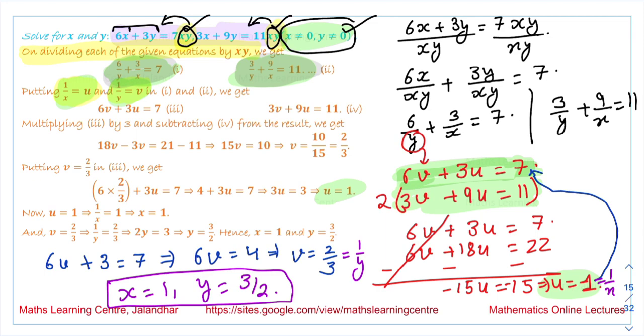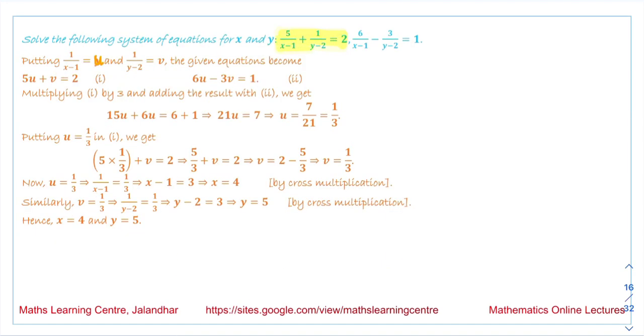Now next we are given this system of equations. It is 5 over x minus 1 plus 1 over y minus 2 is equal to 2. And second is 6 over x minus 1 minus 3 over y minus 2 is equal to 1. Now in place of x we are having these whole terms over here.